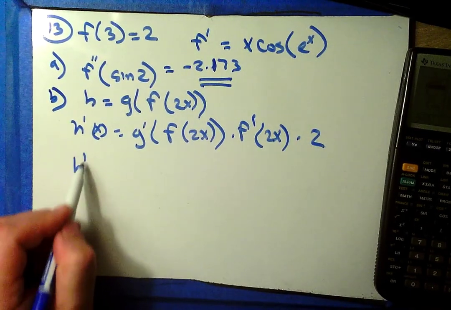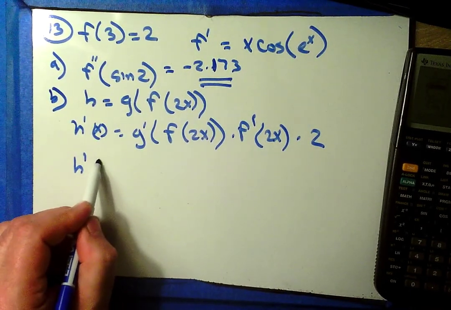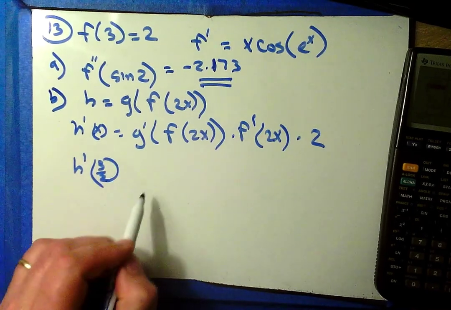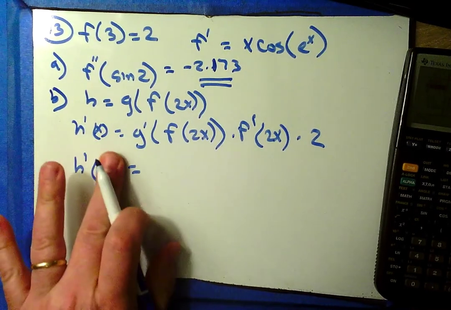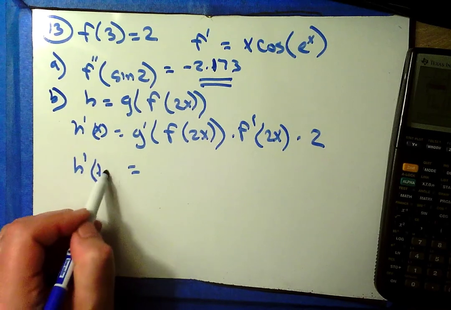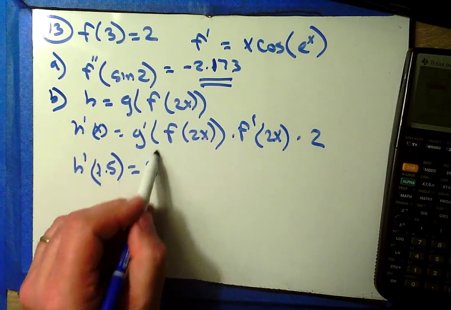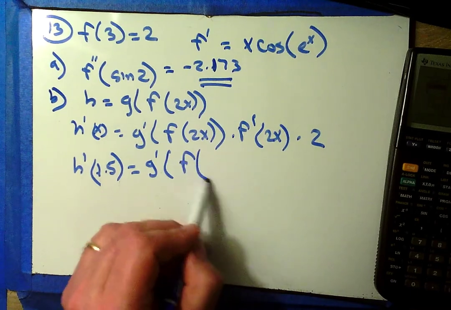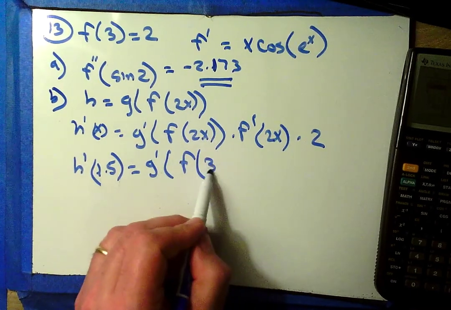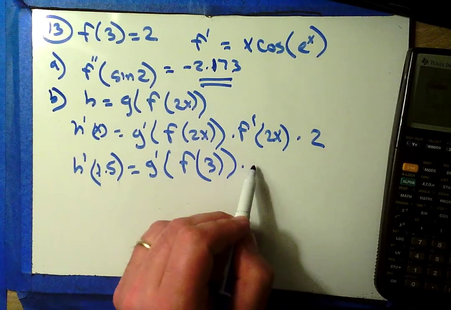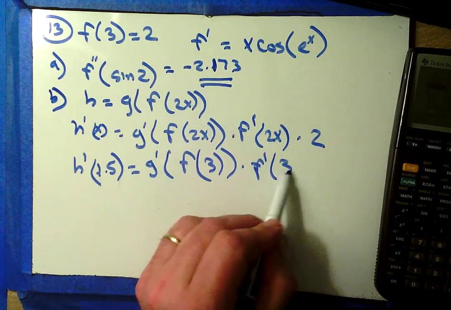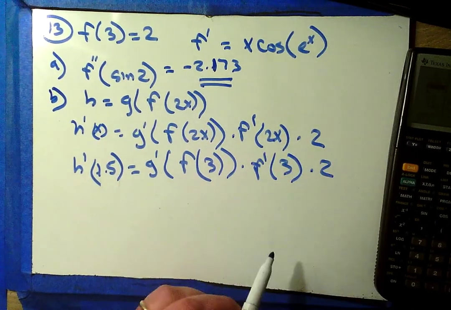And they want h prime of 3 halves, or 1.5. Since I'm probably going to do it on the calculator, I'm going to do 1.5. So g prime of f of 2 times 1.5 is 3, times f prime of 3 times 2.